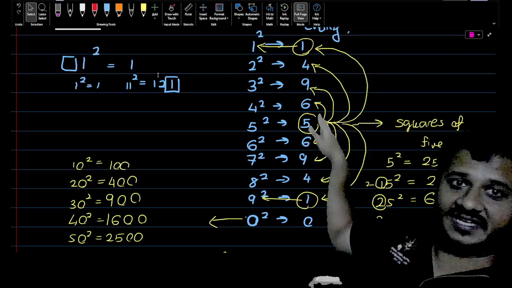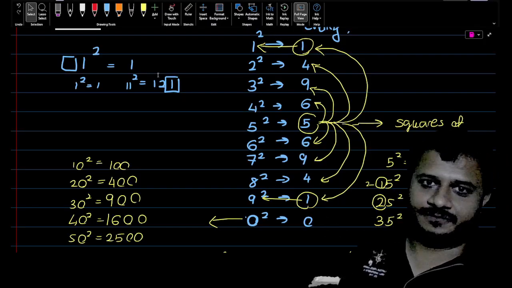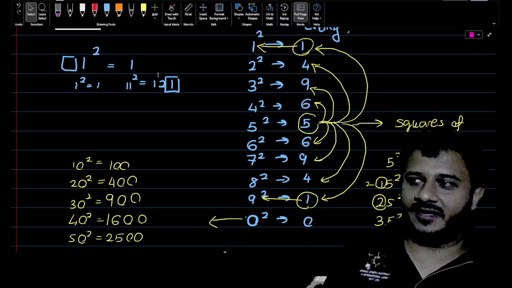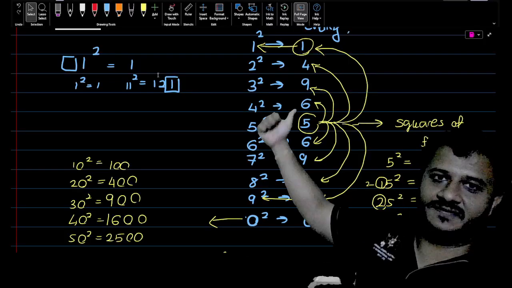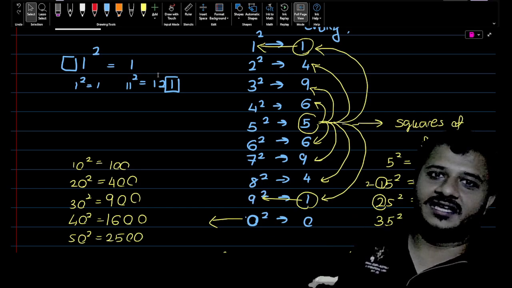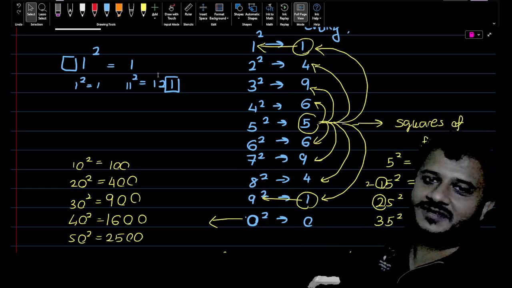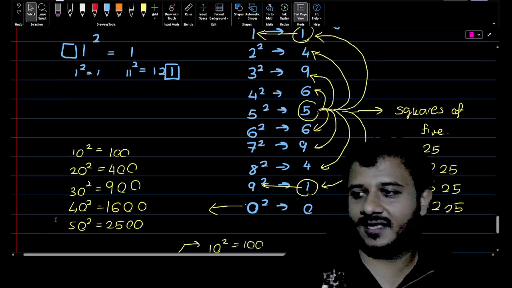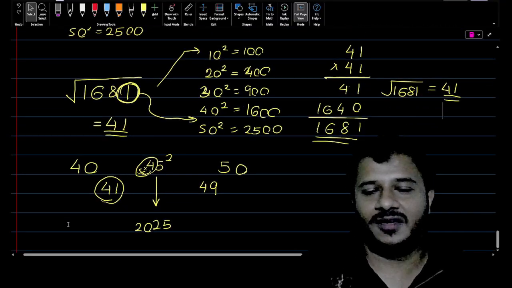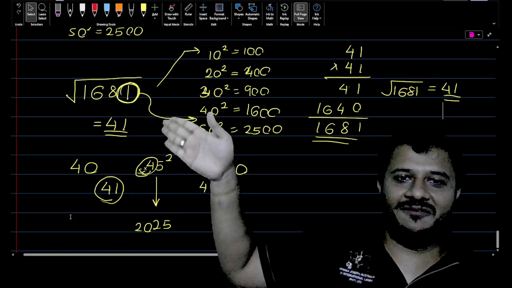If it is ending with a 9, it is definitely a 3 or a 7. If the number given is ending with a 6, it will be either something 4 or something 6. Or if it is ending with a 5, it's definitely a 5.